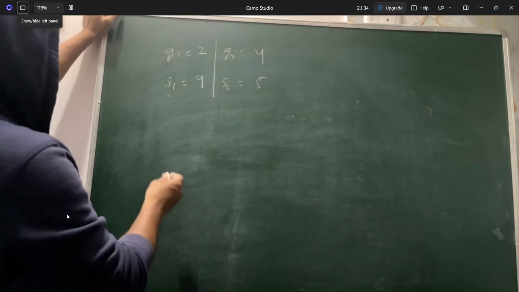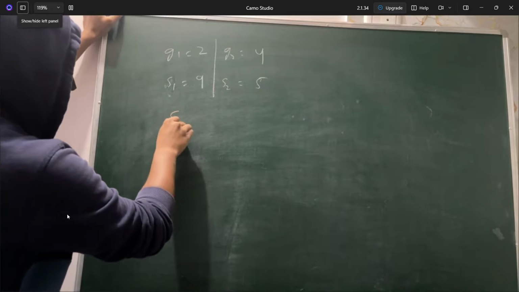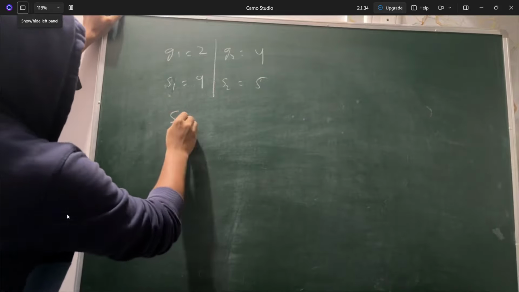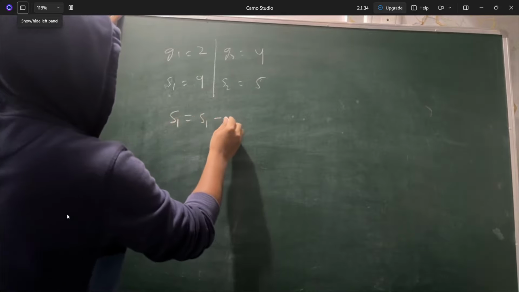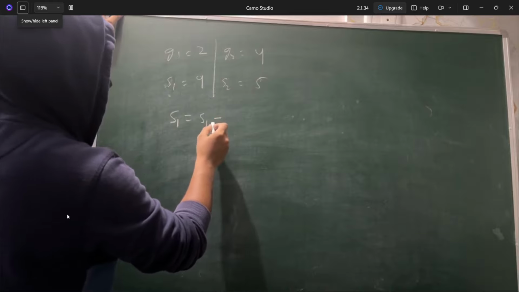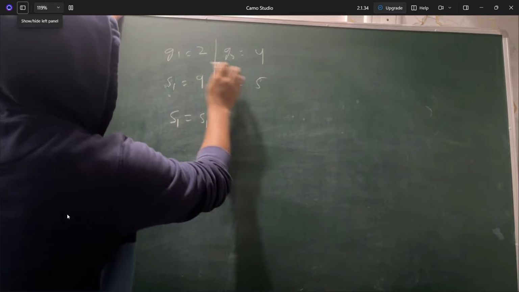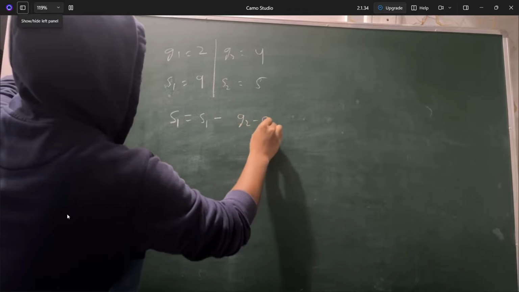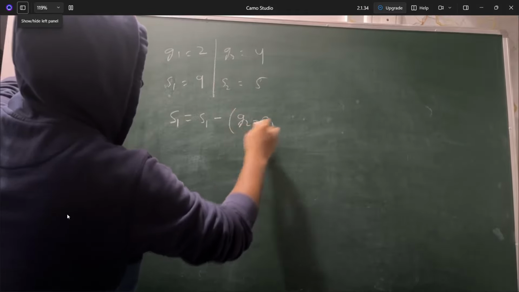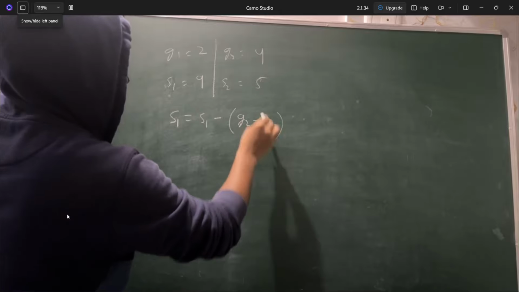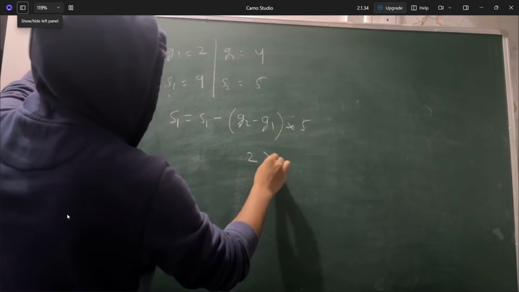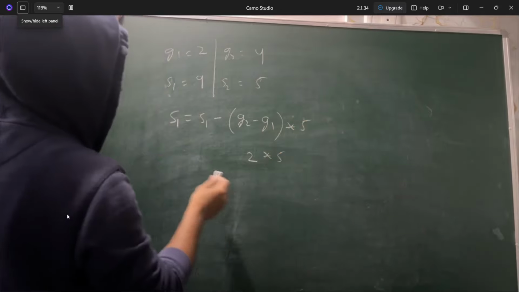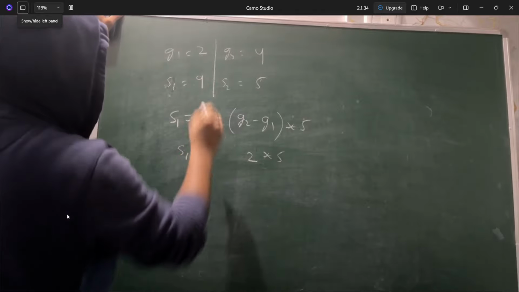So what you will be doing is your silver coin, whatever you have, from that you are subtracting. s1 minus how many you need. It will be g2 minus g1. Why g2 minus g1? Because g2 is bigger in this case. So g2 minus g1 will give you 2, into 5 if you do. So basically 5 silver coins are needed to make a gold coin.